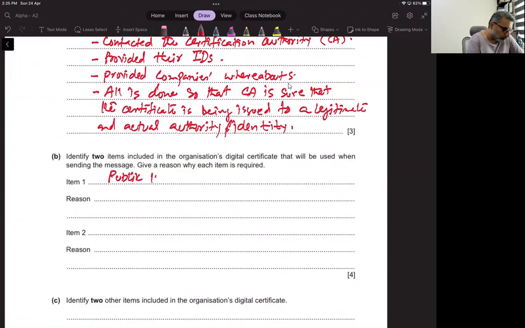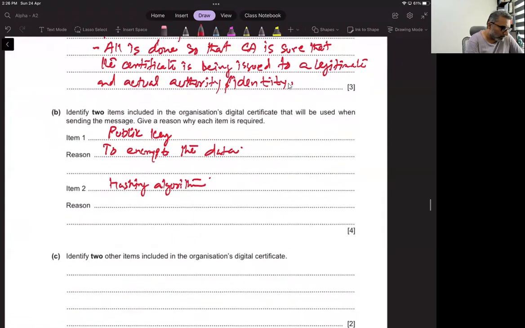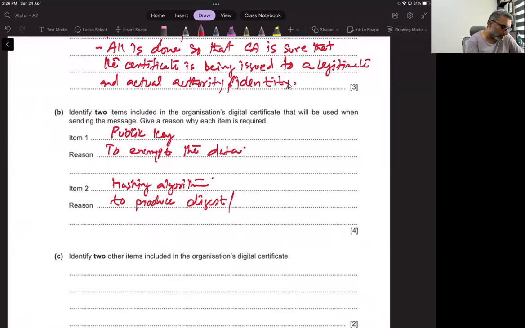Public key to encrypt the data. Hashing algorithm to produce digest or hash key.